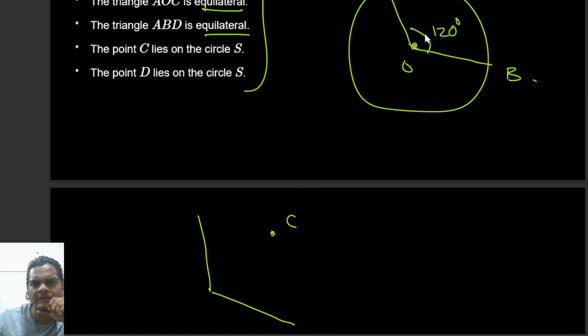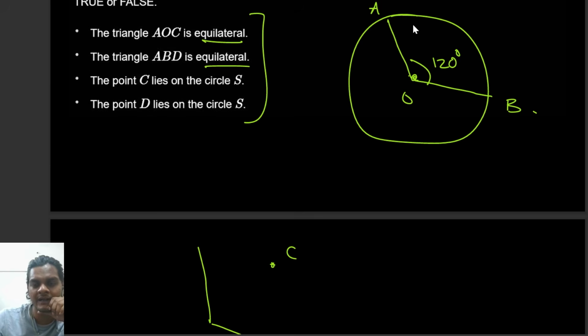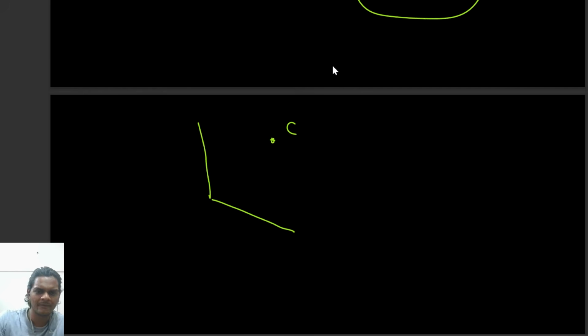So let's say C is the circumcenter of AOB, and I have something like this. Because it is an obtuse angle triangle, the circumcenter will lie outside. I hope you know that. Both orthocenter and circumcenter will lie outside of the triangle if this is there, right?